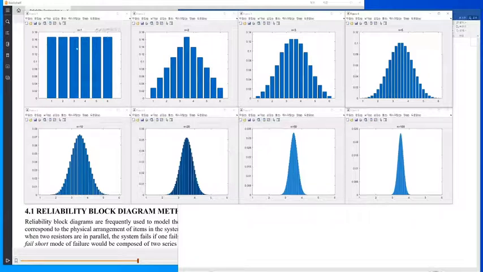Starting from any distribution, if we increase the number of random variables with the same distribution, and calculate the average value, so we add all the numbers from the n distributions and then divide by the number of distributions, or the number of random variables, then what we can see is that gradually the distribution follows a normal distribution. And that is the meaning of the central limit theorem.